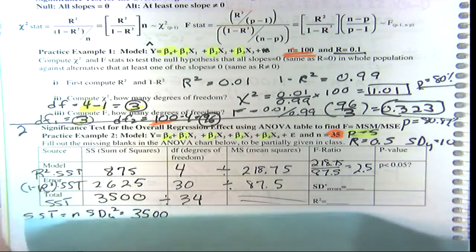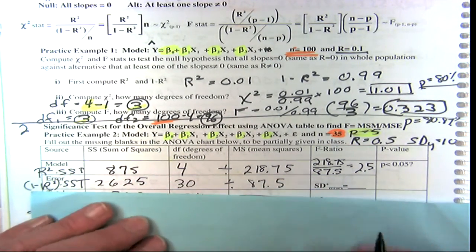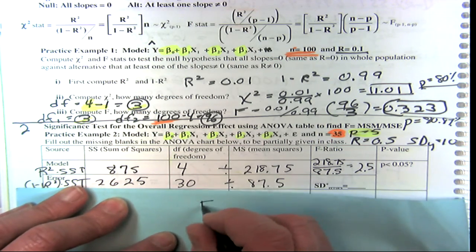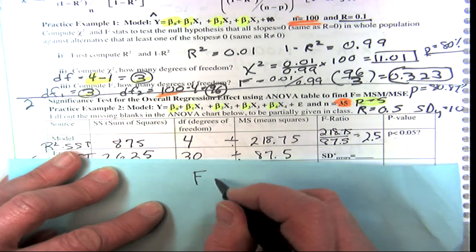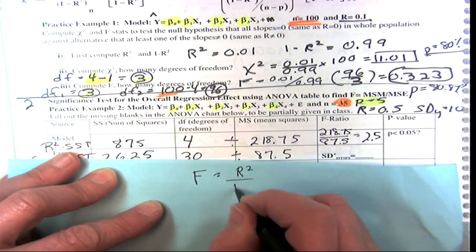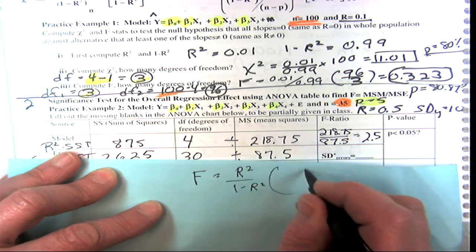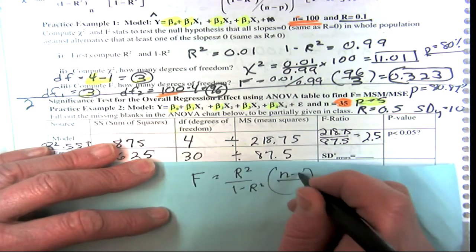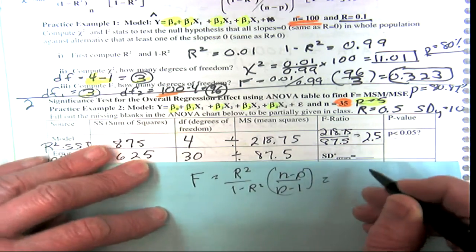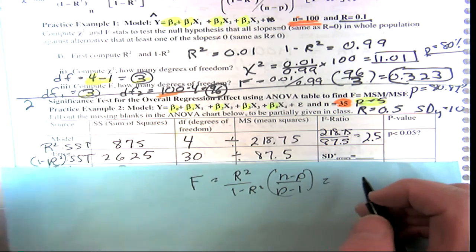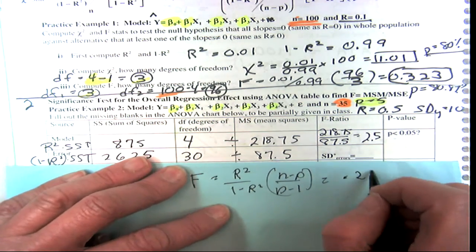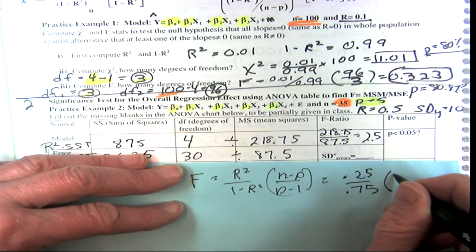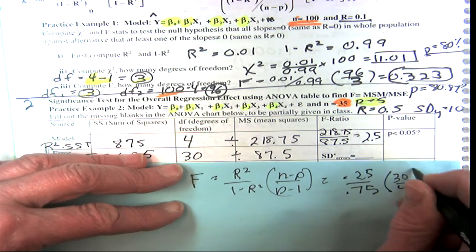I wanted you to fill in this table, but we could have gotten 2.5 by just saying that our F statistic is equal to R squared over 1 minus R squared, times the ratio of n minus p over p minus 1. So in this case, we would have 0.25 over 0.75 times the ratio of 30 over 4.